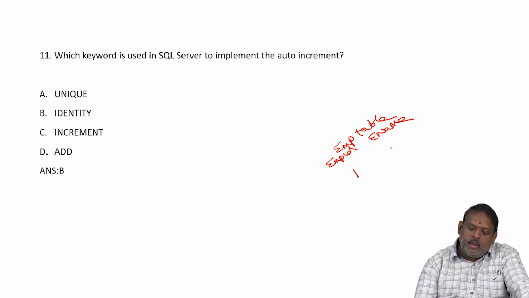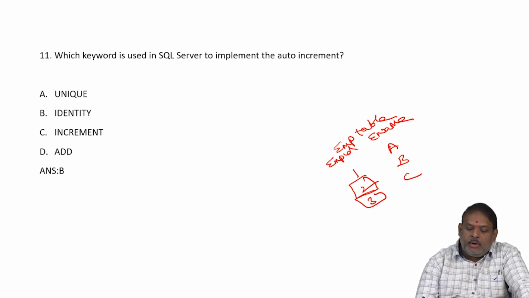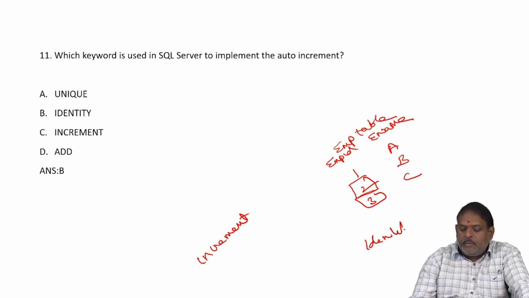So 1 is A, 2 is B, 3 is C. Instead of you providing these values incrementing by 1, we can directly use a property for increment. This is implemented by a method called identity(1,1). That means it starts with 1 and every next record will be incremented by 1.